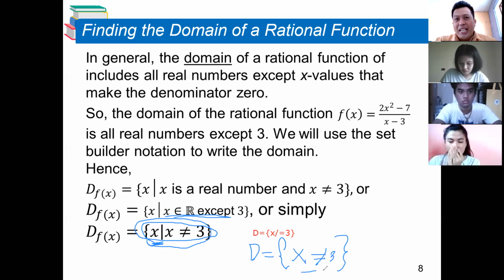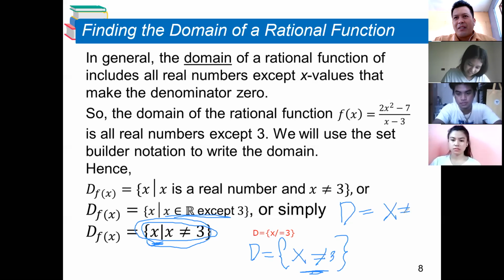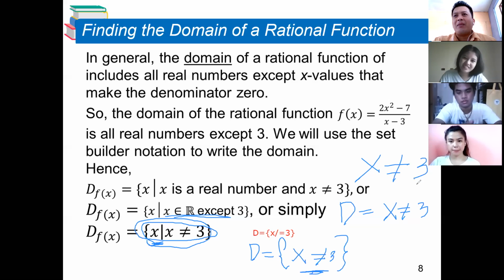But if you put the answer like this, that is already wrong, take note, I'll mark it wrong. Or, students will answer it this way: the domain is x is not equal to 3. That is even more wrong. Or, you answered x is not equal to 3. That is very wrong.